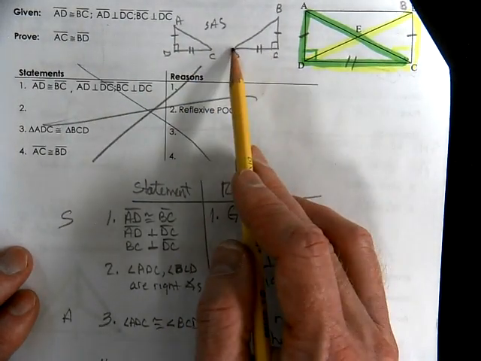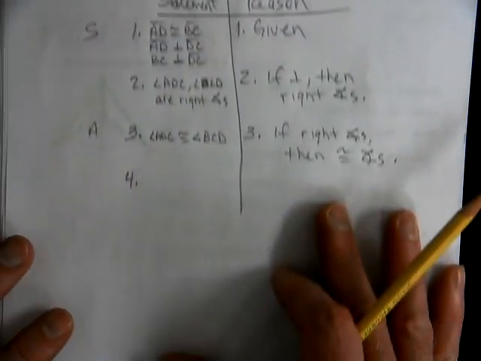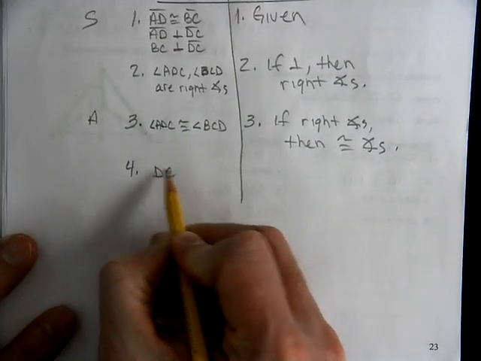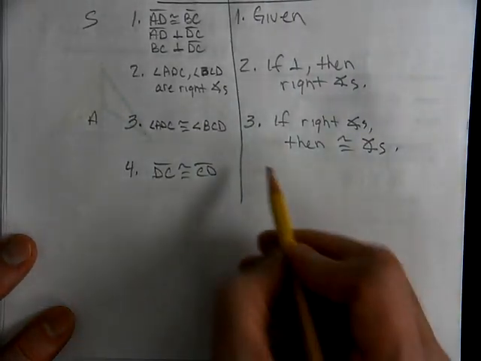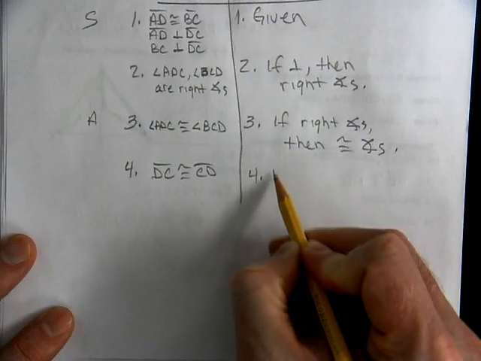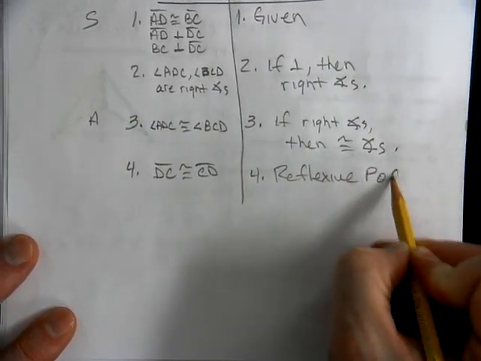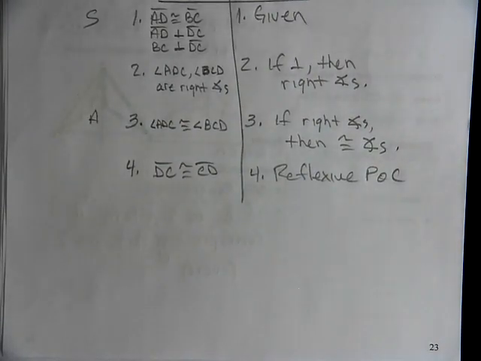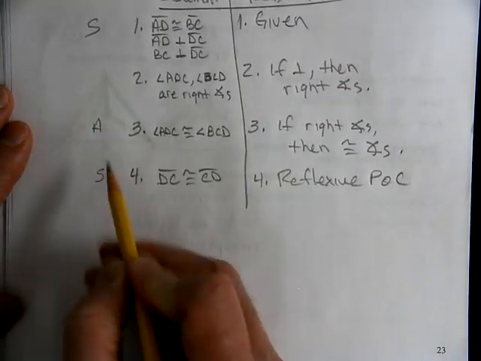From the 90 degree to the acute angle is CD. So we're going to write them in opposite order. DC is congruent to CD. Reflexive property of congruence. So now that gave us an S.